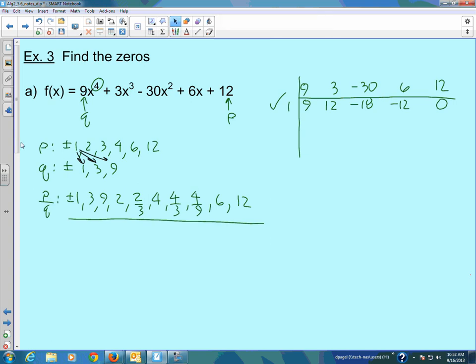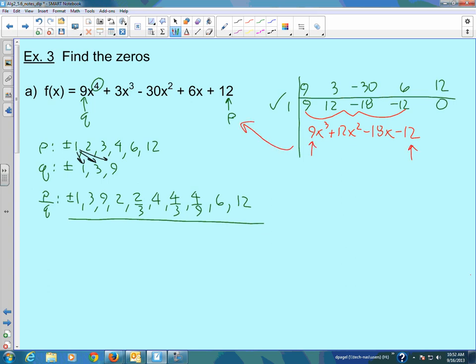So then what I do is I recognize that I have here a 9x cubed plus a 12x squared minus an 18x minus a 12 polynomial. And now we're going to set up new p's and q's for this polynomial. Now it just so happens that the p's and the q's are the same thing we had over here.